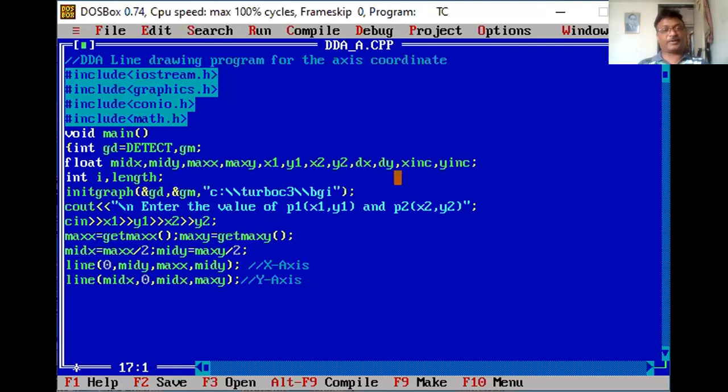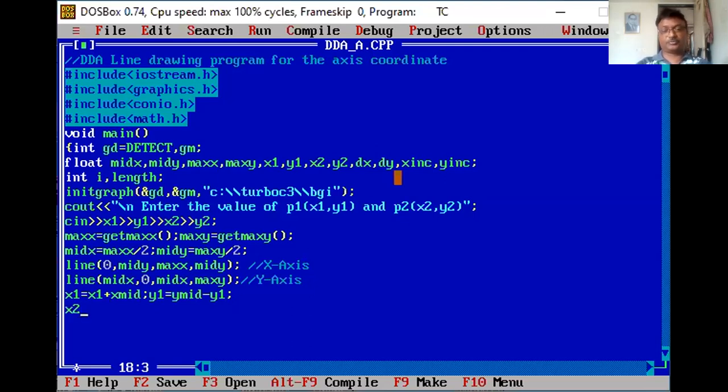You have read your x1, y1, x2, y2 values. Now that value you have to convert as per this axis, because on this axis you need to draw that line. So x1 is equal to x1 plus midx, correct? And y1 is equal to midy minus y1. So here you have to add for x and subtract for y.